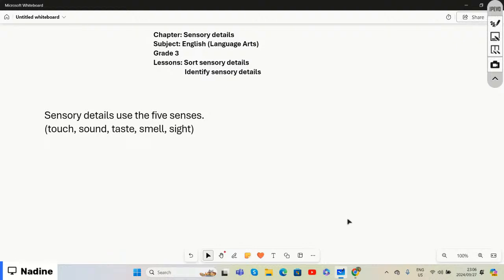So today, in our lesson on sensory details, we are going to be sorting out the different sensory details. That means we're going to sort out words or things that you can touch, hear, taste, smell, or see, because that is to do with our senses. And then we will identify certain sensory details.